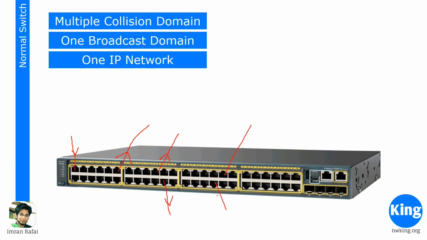Another thing we know by now is that if one of those devices is in, let's assume, 192.168.1.0, then all the other devices have to be part of the same network, right? So a normal switch, that is, should be connected to the same IP network. Now, the inherent problem with a switch or the layer 2 device is that if two devices are connected in the same network, so this guy and this guy, they can easily access each other's computer.